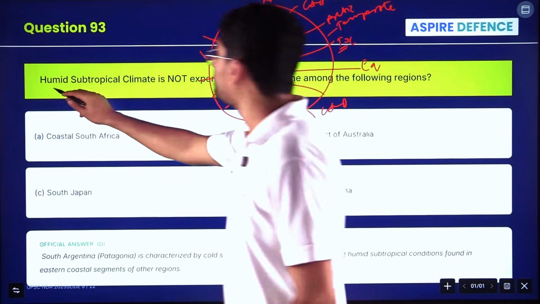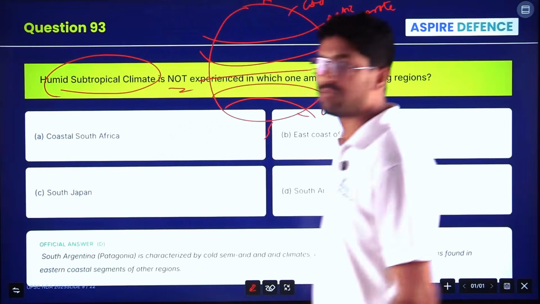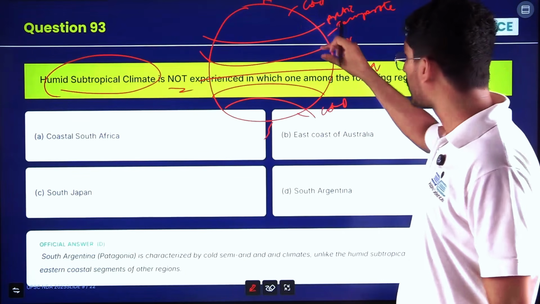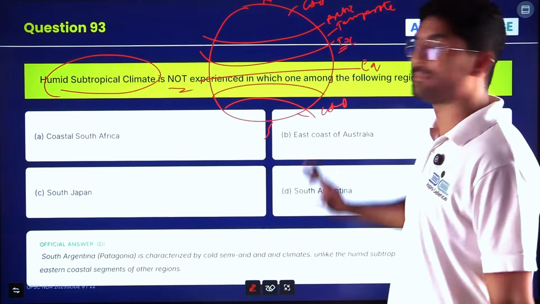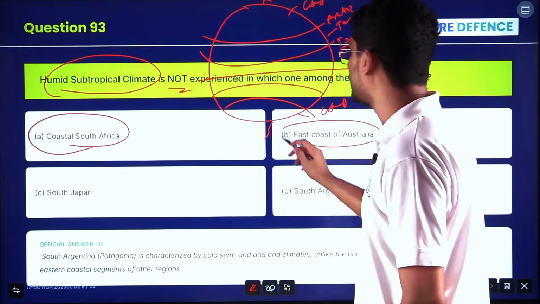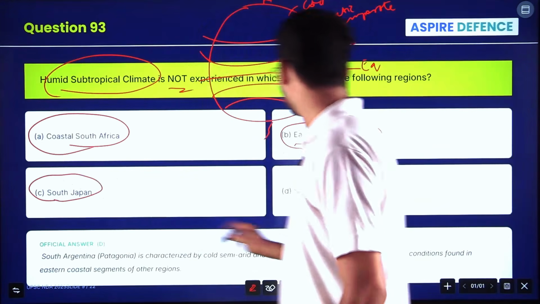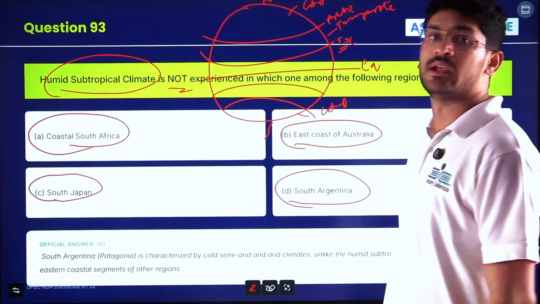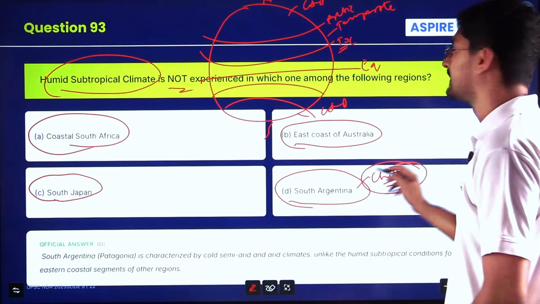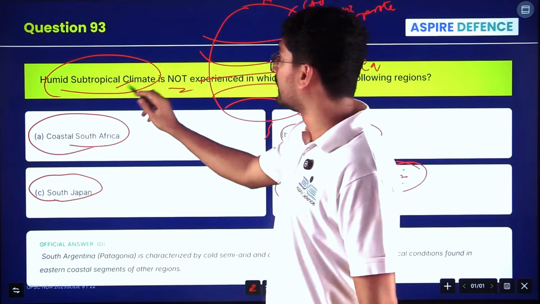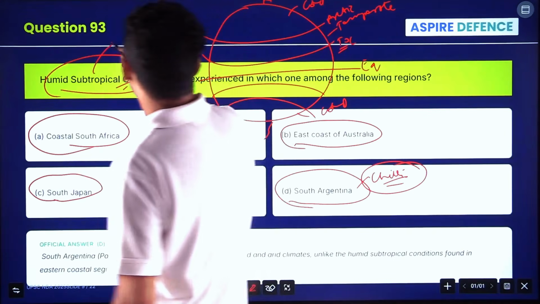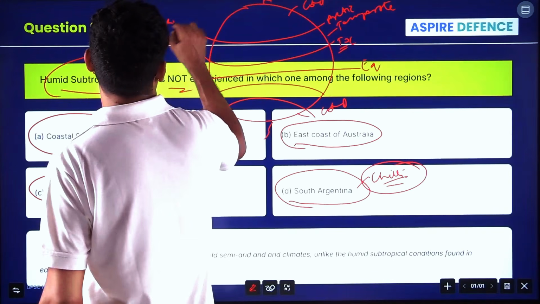Here, humid subtropical climate is not experienced in which of the following regions? Coastal South Africa, east coast of Australia, South Japan, southern Argentina. Humid means the atmosphere has moisture.